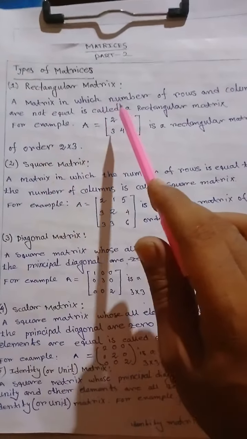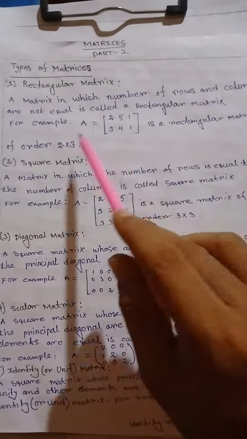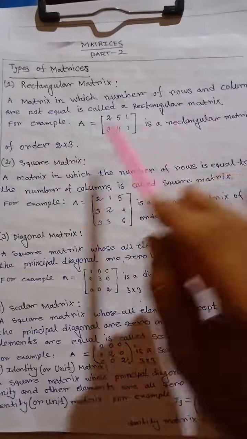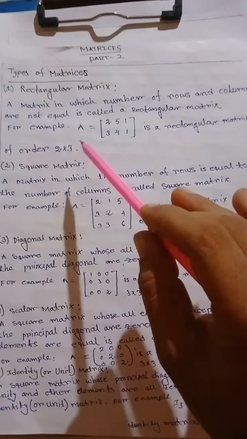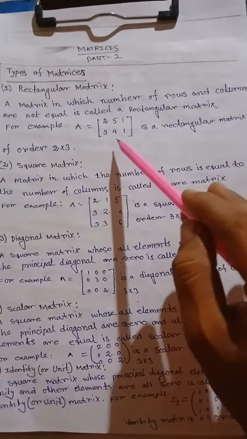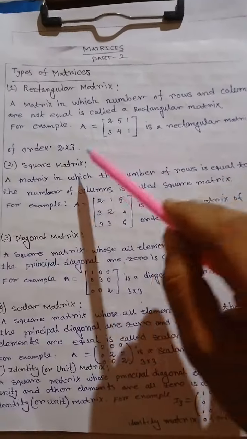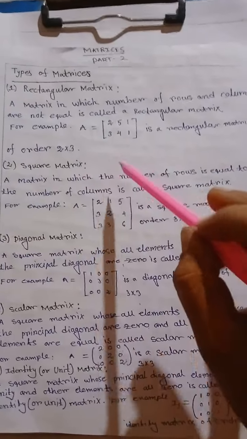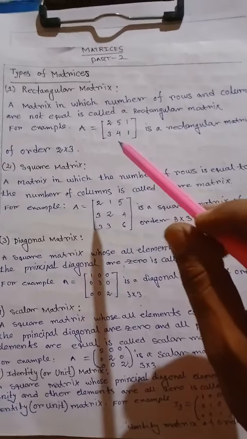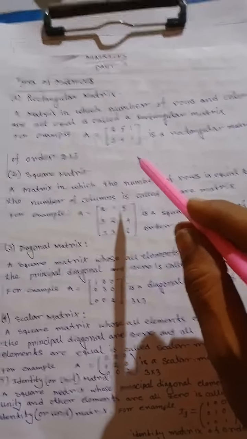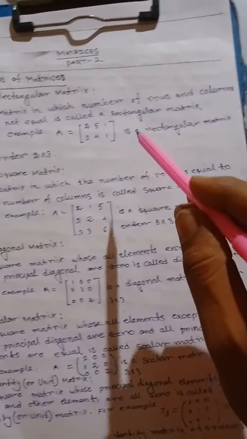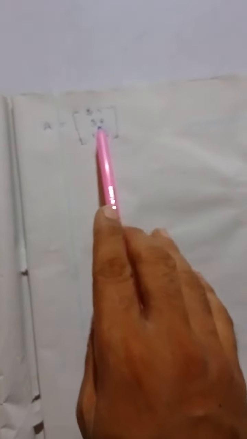For example, a matrix 2 5 1 3 4 1 is a rectangular matrix of order 2 by 3. More example, a matrix 2 5 3 4 1 6.